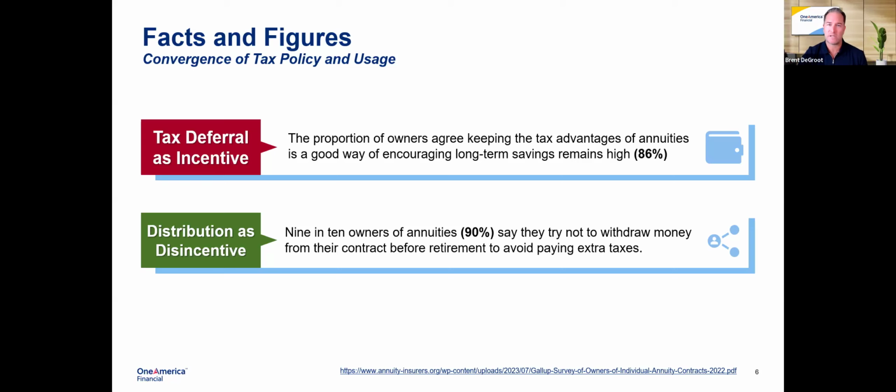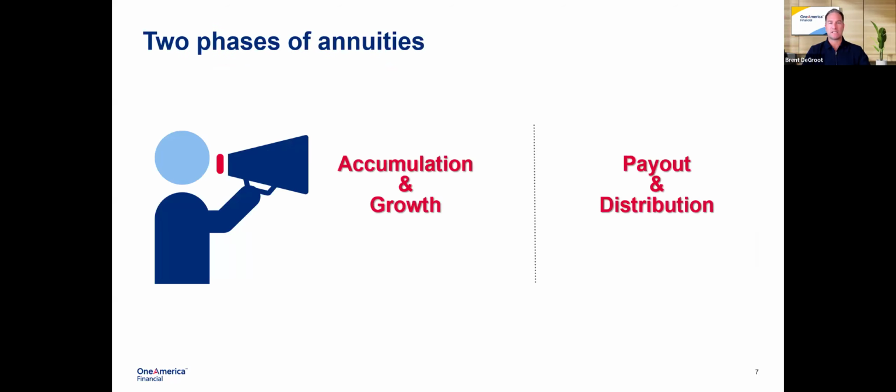But when it comes to distribution, they now look at this as a tax liability, largely because the longer they've had that non-qualified annuity in play, just gaining over those years, the more taxable gain is in those annuities. So if we look at the two phases of annuities, why Americans put them in the first place? Well, it's all about accumulation and growth, right?